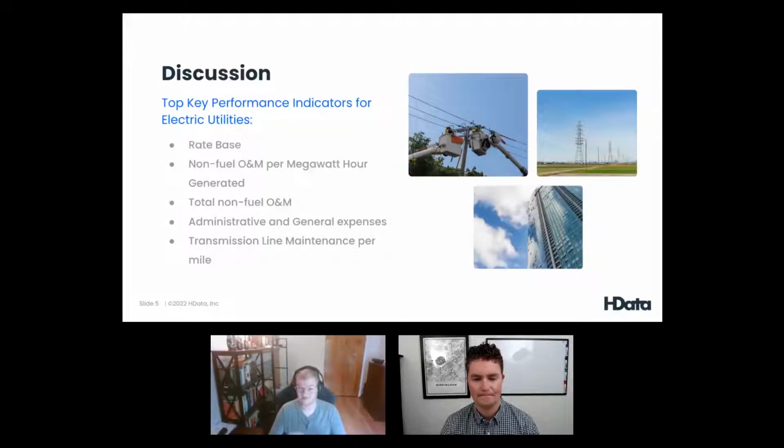XBRL is Extensible Business Reporting Language, and it's a bunch of coding languages. If you're a coder, it's based in XML, and if you're not a coder, it's basically a lot of computer gobbledygook. But because of that, it makes data much, much easier to access. It makes it machine readable, and it makes it a lot quicker to access that data once it's been filed with the FERC.